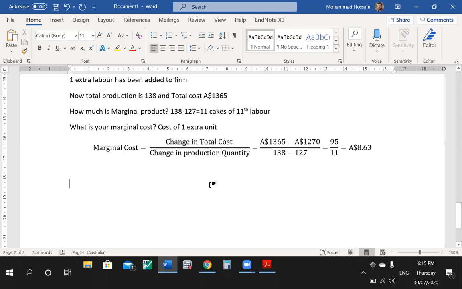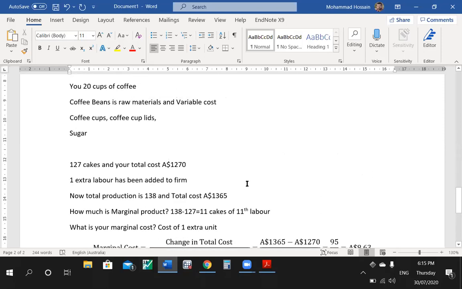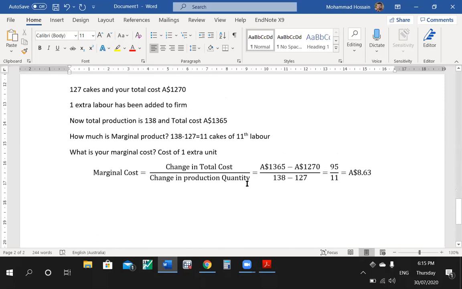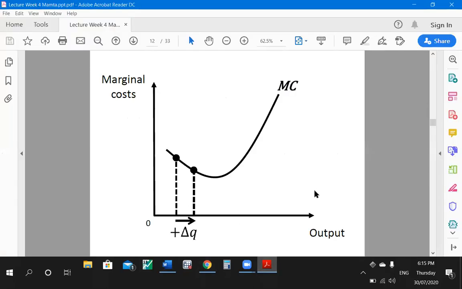They will make more sales and, on average, it will be very low, slowly. So that's why it goes down at first, then it goes high. After a certain stage, marginal cost starts to go high, and again, slowly it will go down.